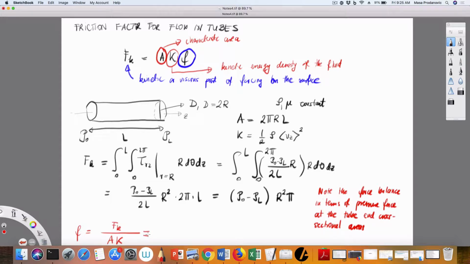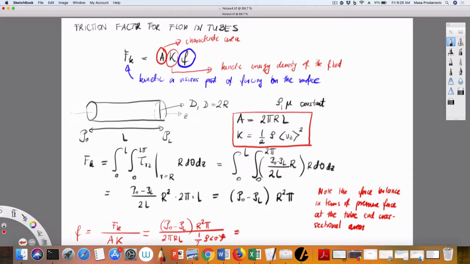Based on these calculations, my characteristic area is 2πRL, and my K is 1/2 rho average V squared.